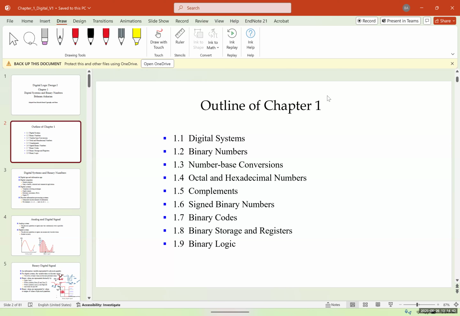I think we can cover the first 2 parts today. After that, we're going to do octal and hexadecimal numbers and complements, which is probably going to be next week. Signed binary numbers, binary codes, binary storage, and registers. And finally, binary logic. This is everything that is covered in exam number 1, chapter 1.